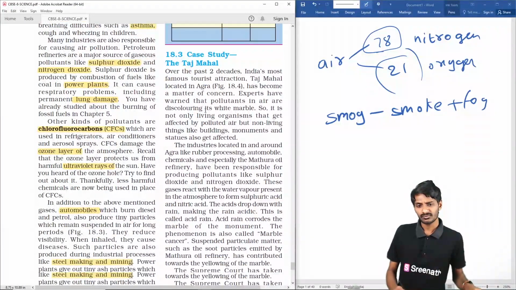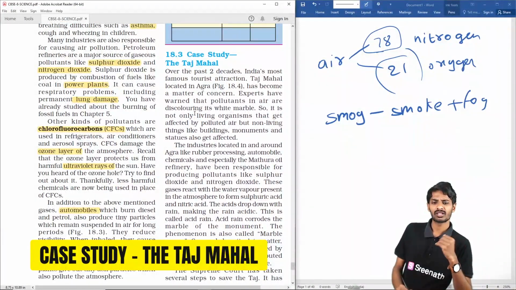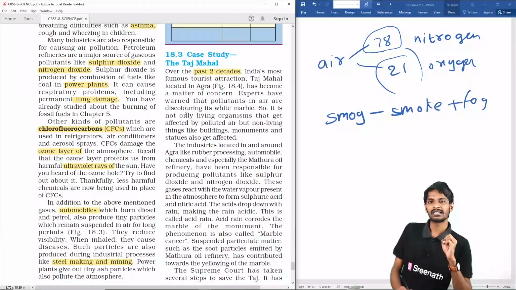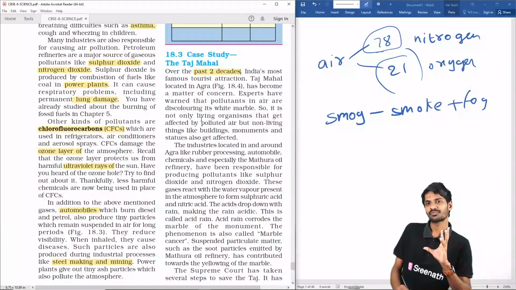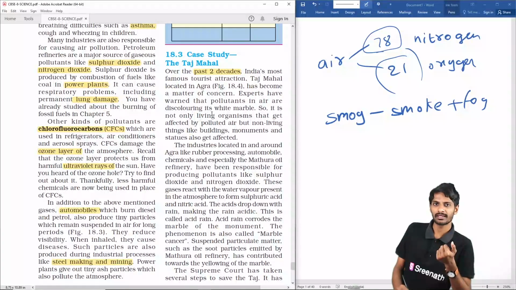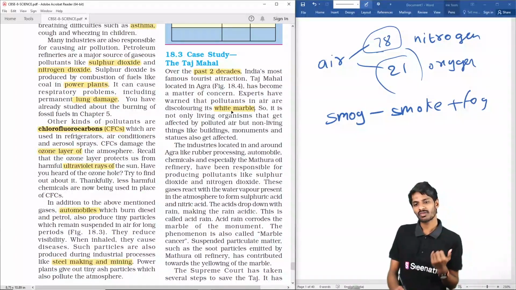There is a case study regarding the Taj Mahal. Over the past two decades, what has happened? India's most visited place is losing its attraction. It is losing its beauty. That is the main concern, the main problem we are facing. Experts have warned that pollutants in the air near the Taj Mahal are very high, and it will lose its whiteness, with discoloring of the white marble.